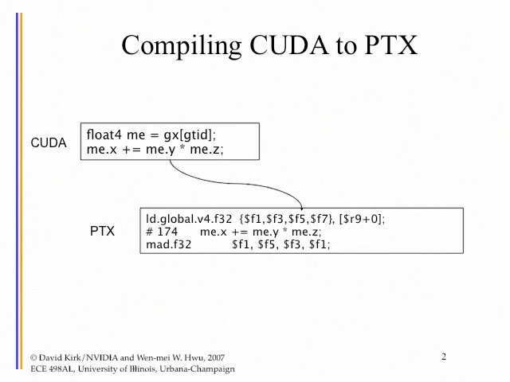So if you look at the PTX code, it's going to translate that first array load into a variable, an array access, and into various destination registers.